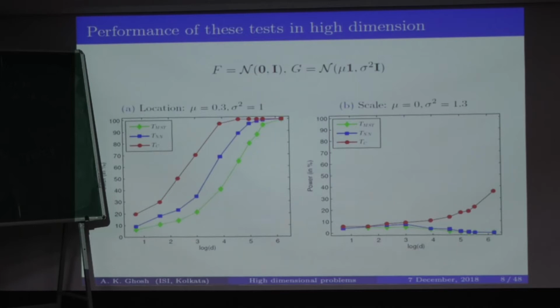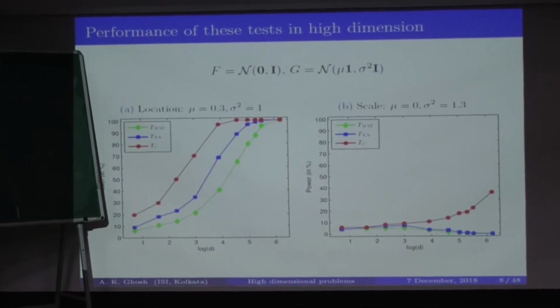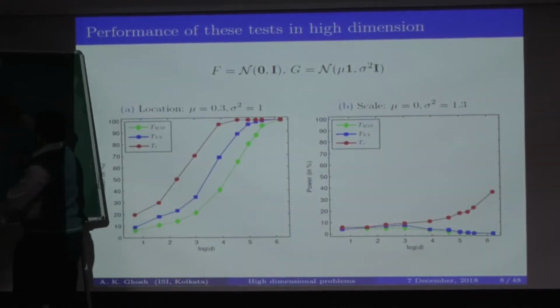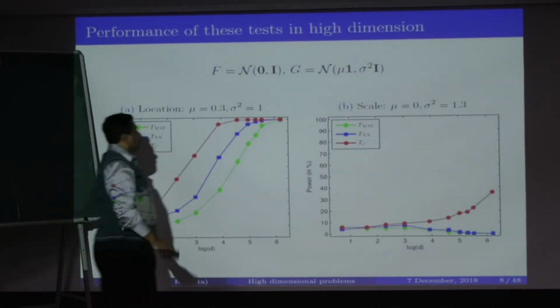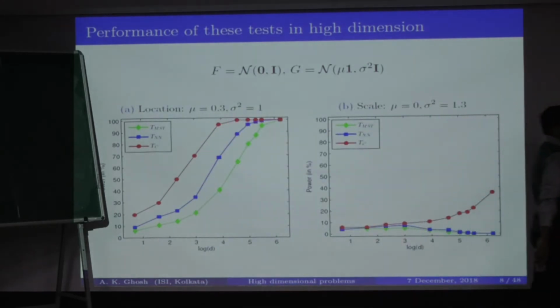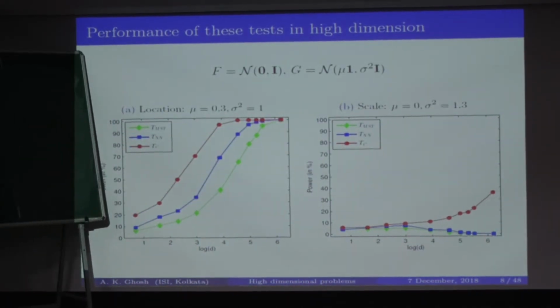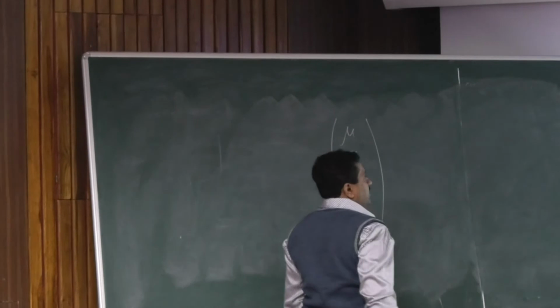So here are two examples. Here F and G both are multivariate normal distributions. It's a simulated experiment. F is standard normal, and G has mean vector mu1, a mean vector with all components mu, and dispersion matrix sigma squared times identity.